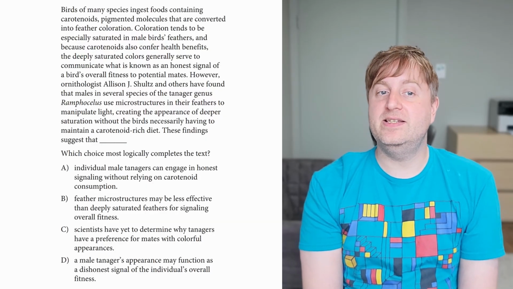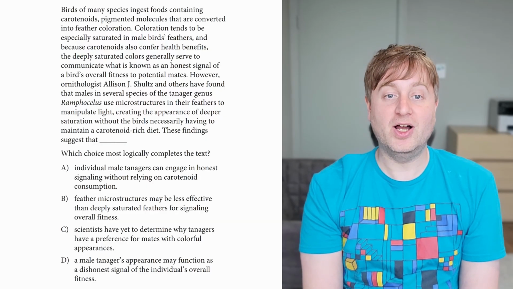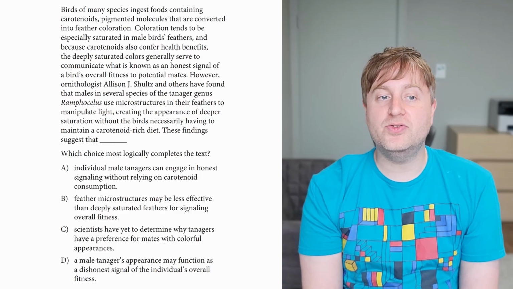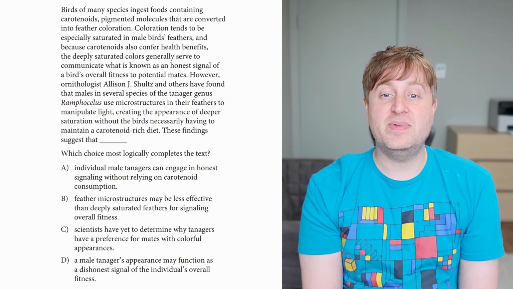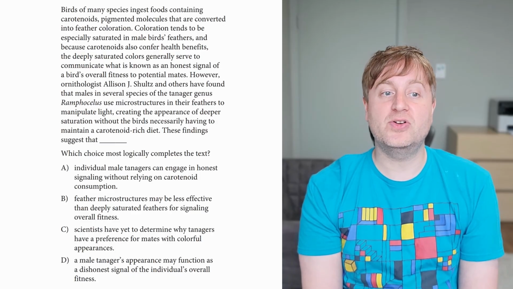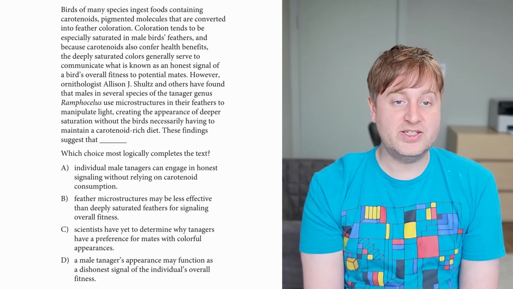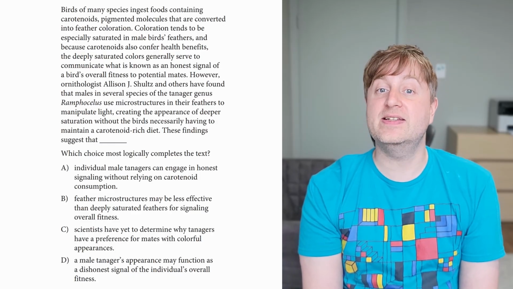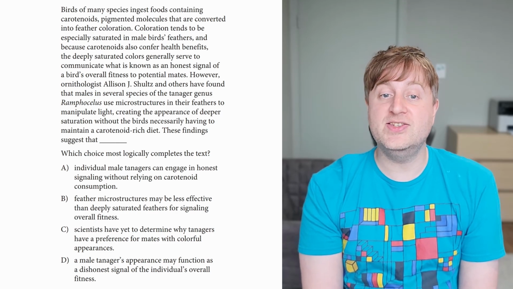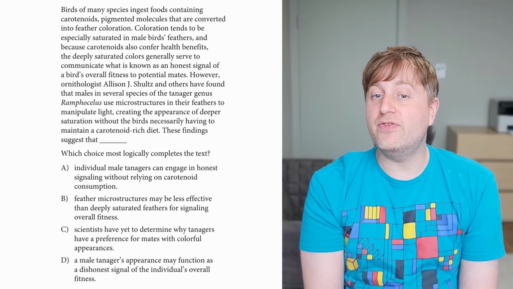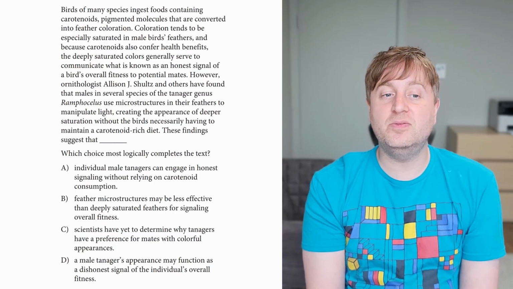Birds of many species ingest food containing carotenoids, pigmented molecules that are converted into feather coloration. Coloration tends to be especially saturated in male birds' feathers, and because carotenoids also confer health benefits, the deeply saturated colors generally serve to communicate what is known as an honest signal of the bird's overall fitness to potential mates.